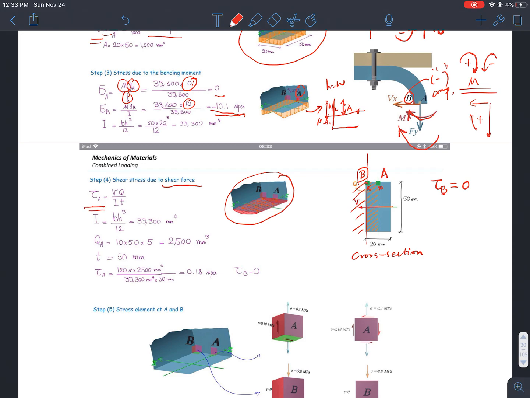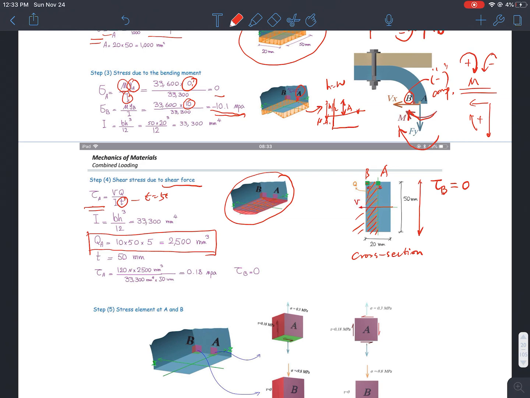But my shear stress at A has a value, and the QA is an area, the shaded area here.